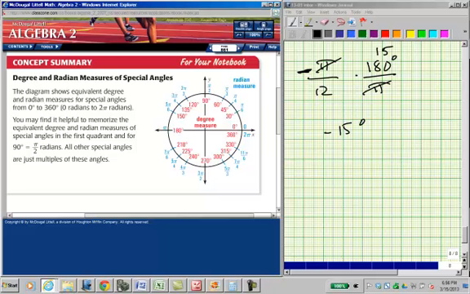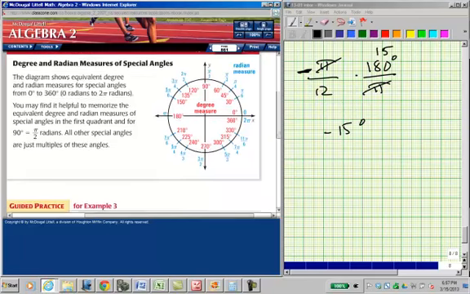What are the denominators of the fractions? 6, 4, 3, 2, 3, 4, 6. There's a pattern. You do this enough, and you're going to see there's a pattern to all this stuff.